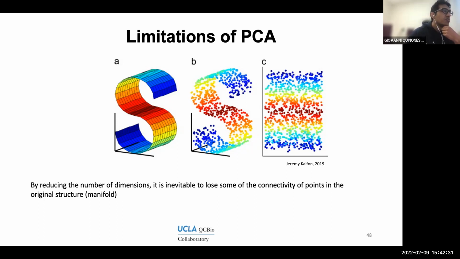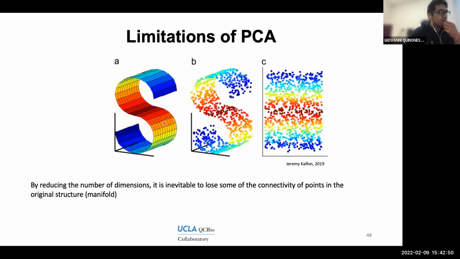So when we try to represent this topology in a lower dimensional space, you see we're losing some of this connectivity, some of this vicinity of the original data points.